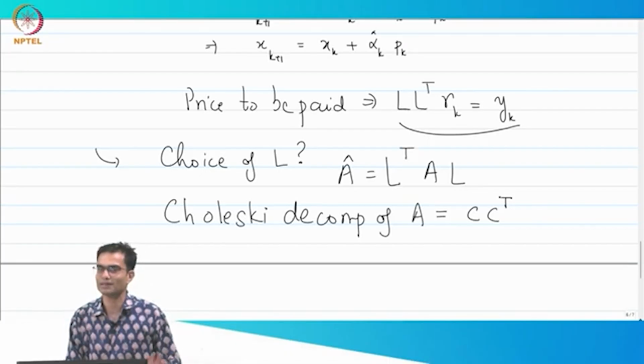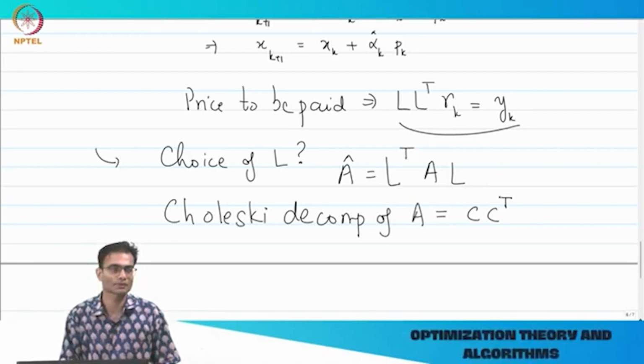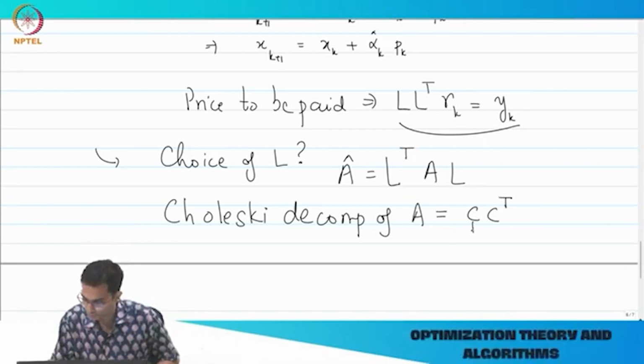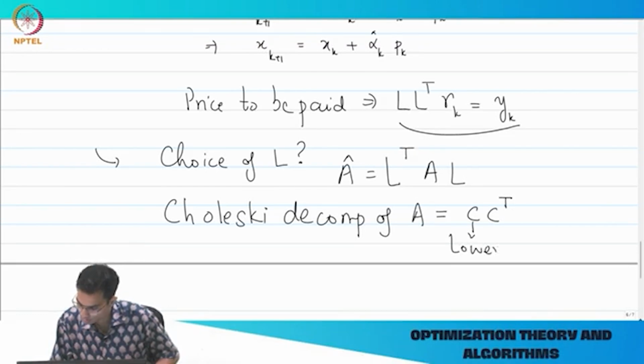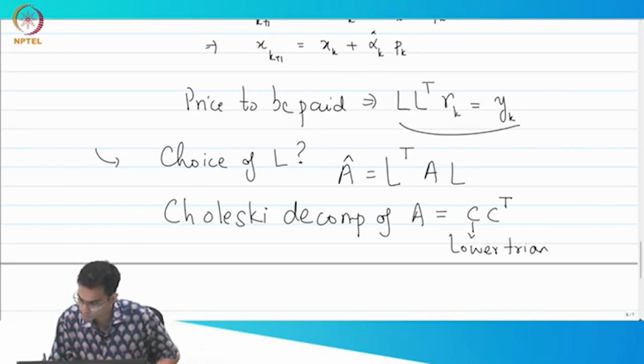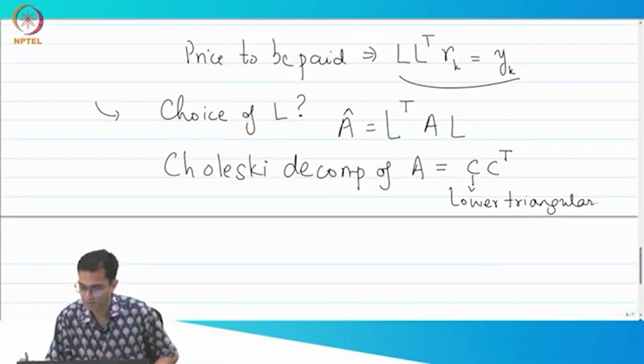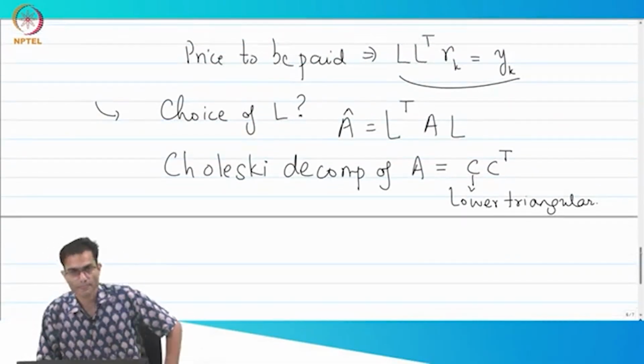What is that property? Has anyone heard of the Cholesky decomposition? C is lower triangular. Okay.